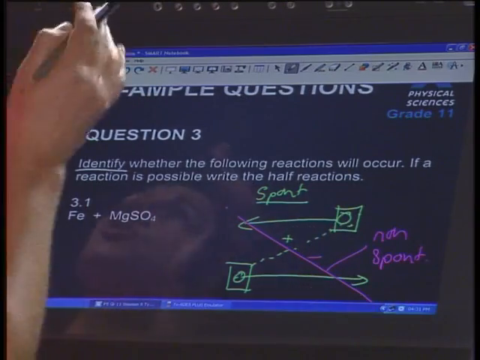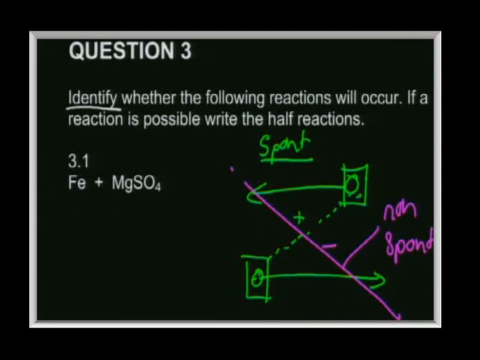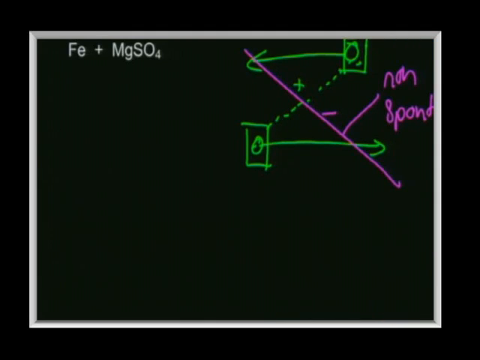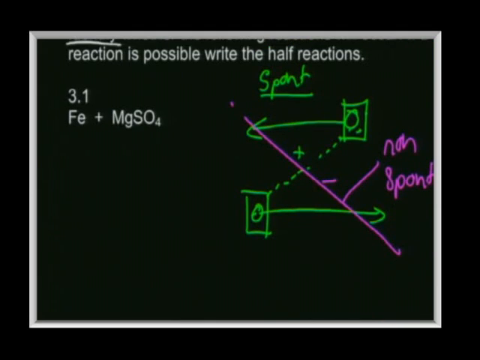And if you have a non-spontaneous reaction on your chart, then you know that would not be a reaction that will take place. So over here with this specific one, although we don't have the chart for you to prove it, we know that the reaction between iron and magnesium sulfate is going to be a non-spontaneous reaction, and therefore no reaction will take place.